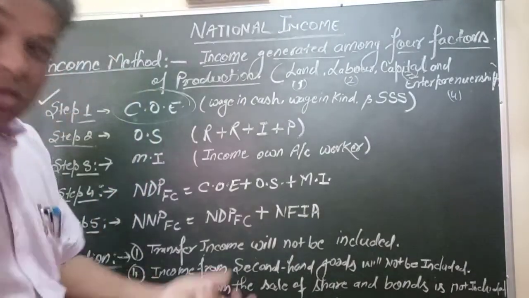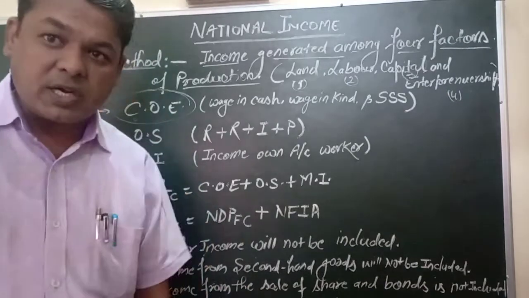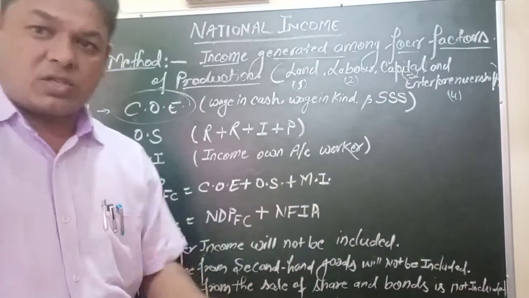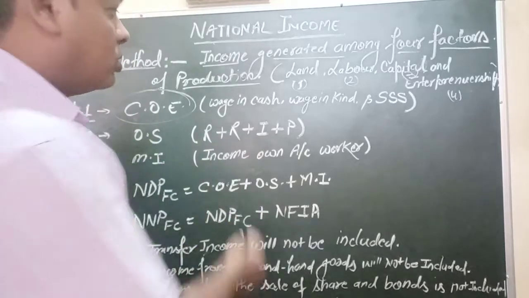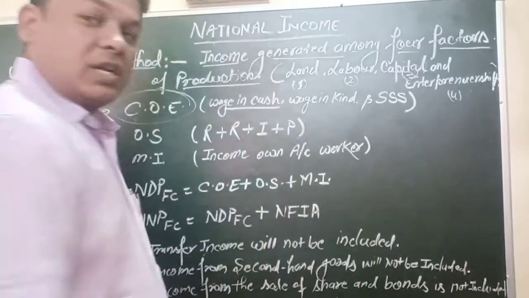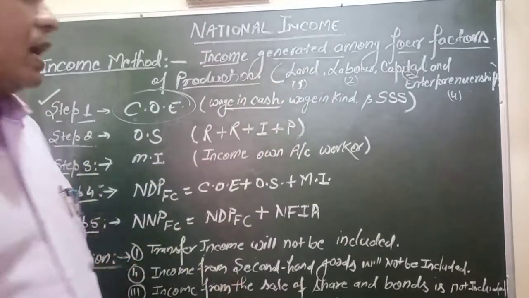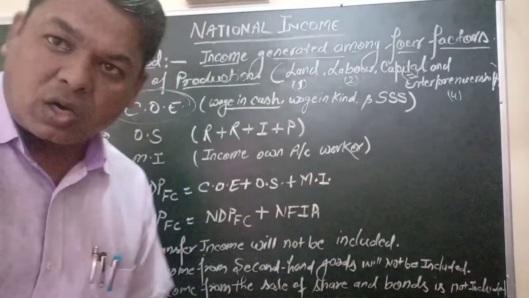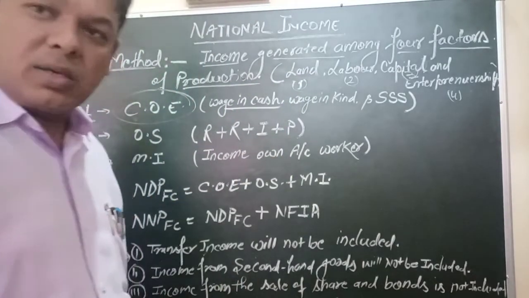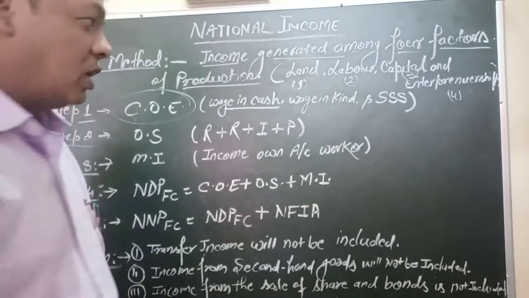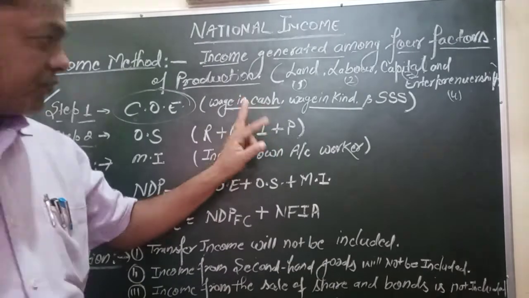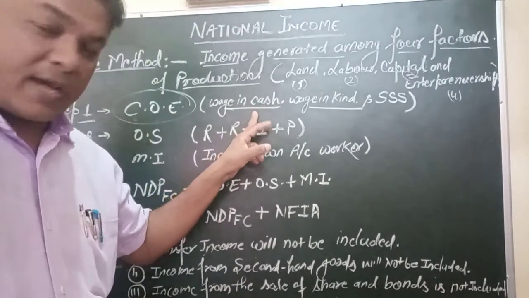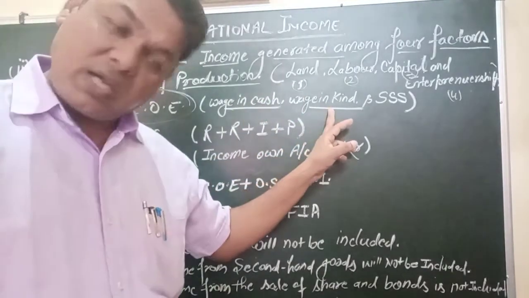How do we compensate the employee? Suppose I am giving my service to a school, and I get wages in cash. Second, I get free accommodation or other facilities like transport, which is known as wages in kind. The first is wages in cash, the second is wages in kind.